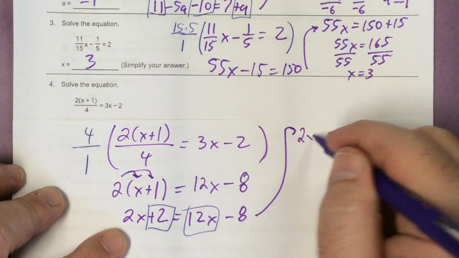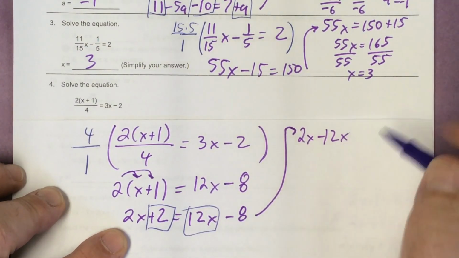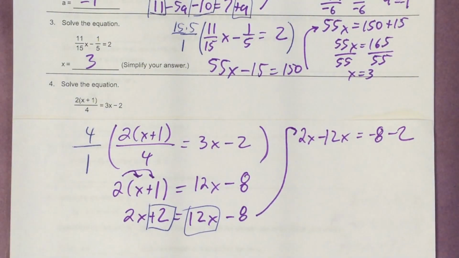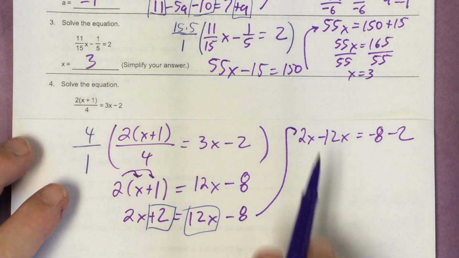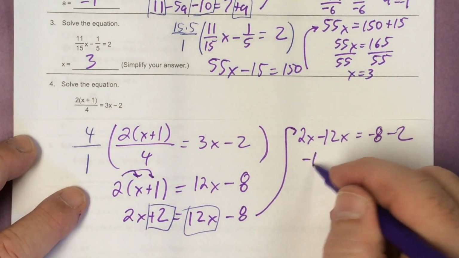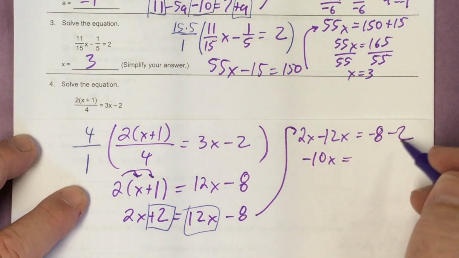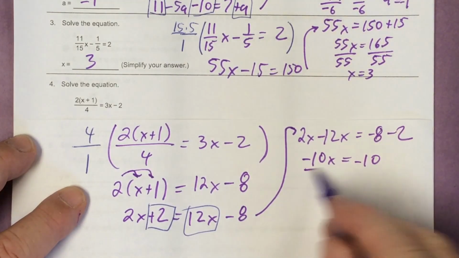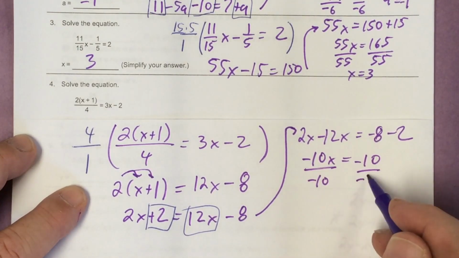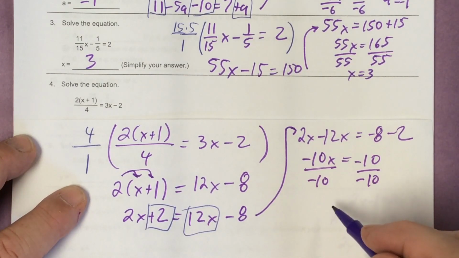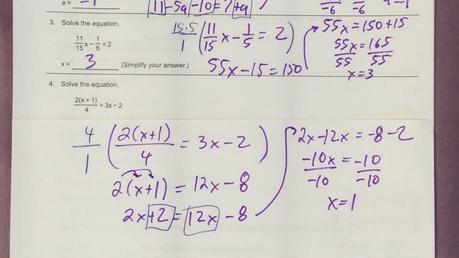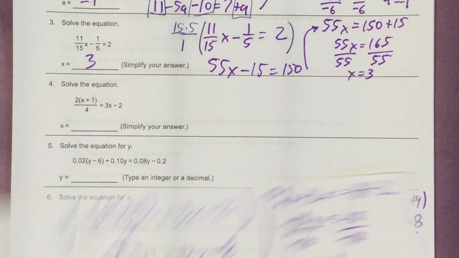So that's going to be 2x minus 12x equals negative 8 minus 2. So I have 2x minus 12x, it's going to be negative 10x. Negative 8 minus 2 is going to be negative 10. So if I divide both sides by negative 10, then finally x is going to equal 1. And x being equal to 1 is going to be the final solution to that problem.